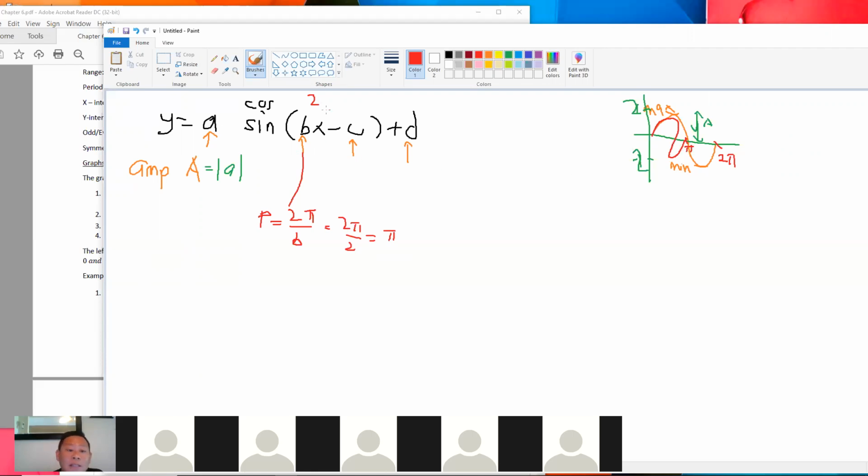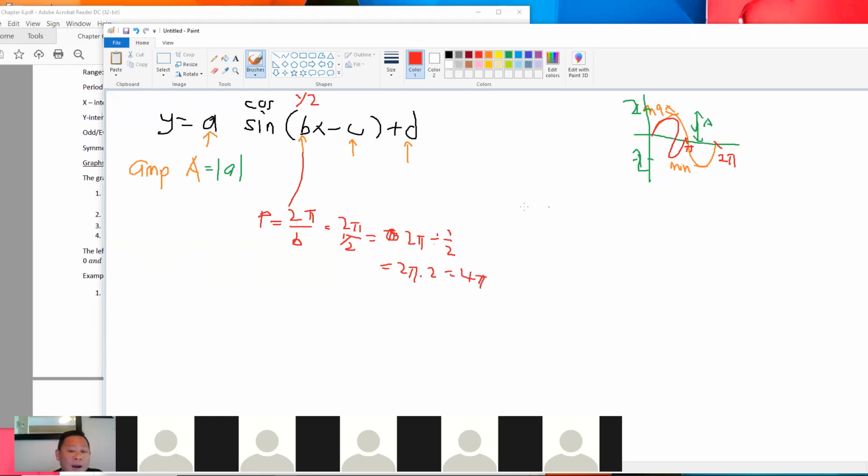And if B is 1/2, then this will be 2 pi over 1/2, which is the same as 2 pi divided by 1/2, which is 2 pi times 2, which is 4 pi.